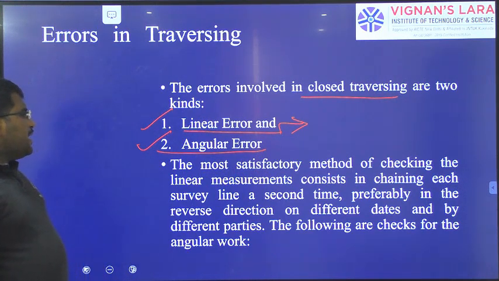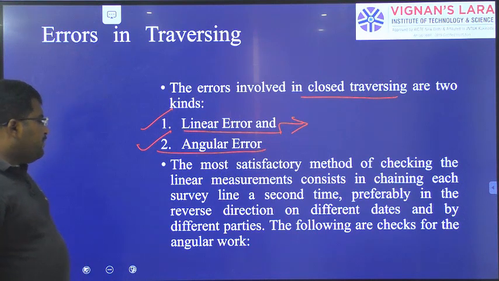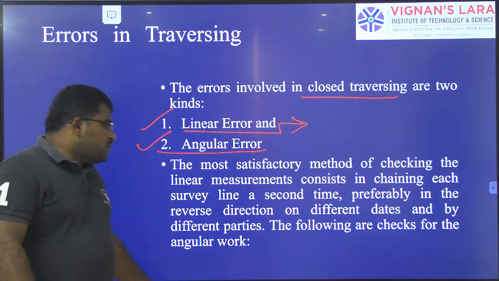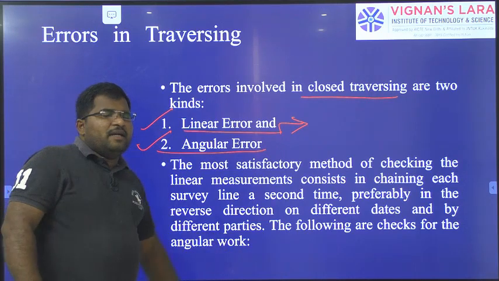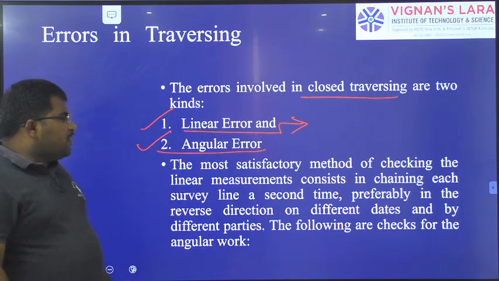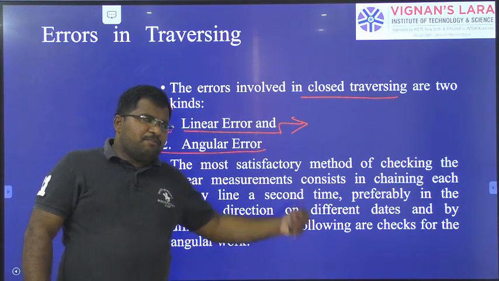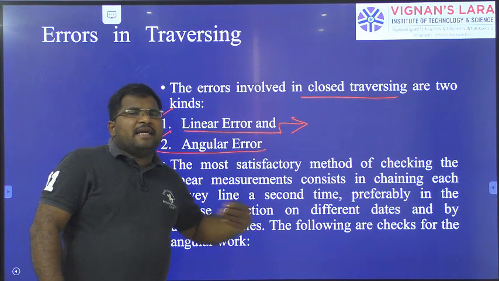The most satisfactory method of checking the linear measurements consists in chaining each survey line a second time, preferably in the reverse direction, on a different date and by different parties. The following checks are for angular work, right? So for linear errors, once you have measured the length, you have to measure it again.